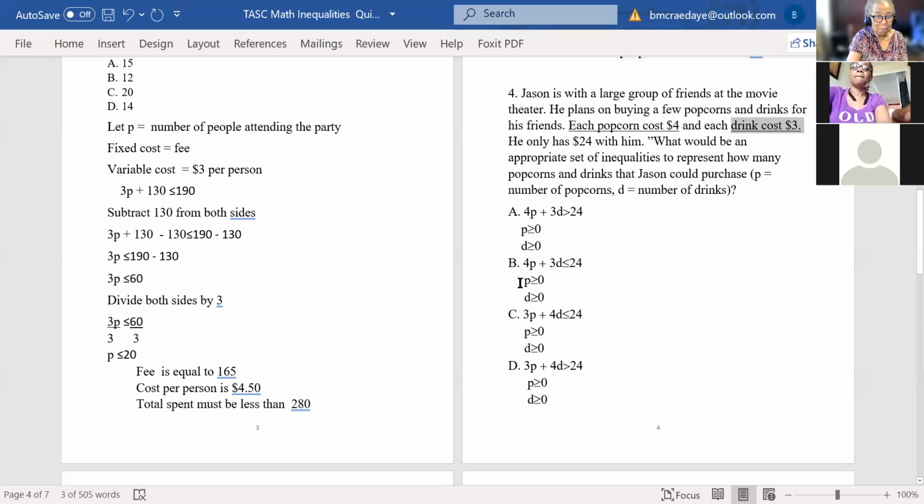And we know that the popcorn's got to be greater than or equal to 0, and the drink's got to be greater than or equal to 0 because he's buying drinks and popcorn. So what is the answer?